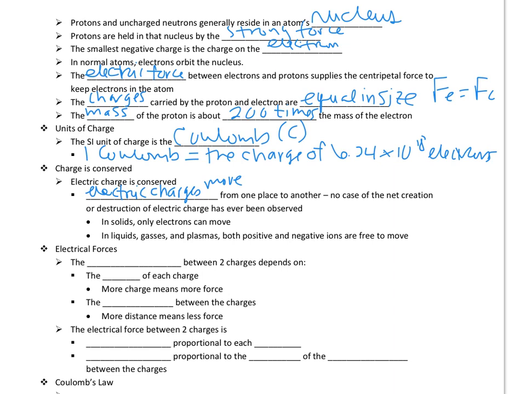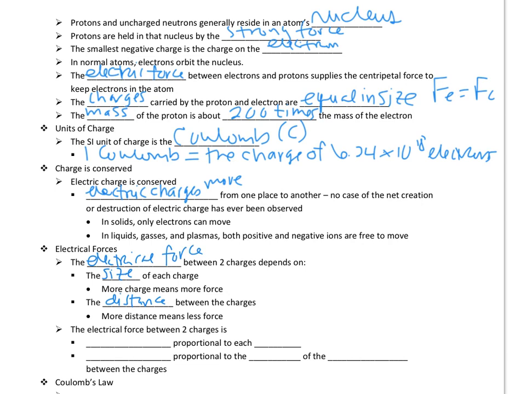Okay, now looking at electric forces. The electrical force between two charges depends on two things: the size of the charge, so more charge means more force, and the distance between the charges. More distance means less force.